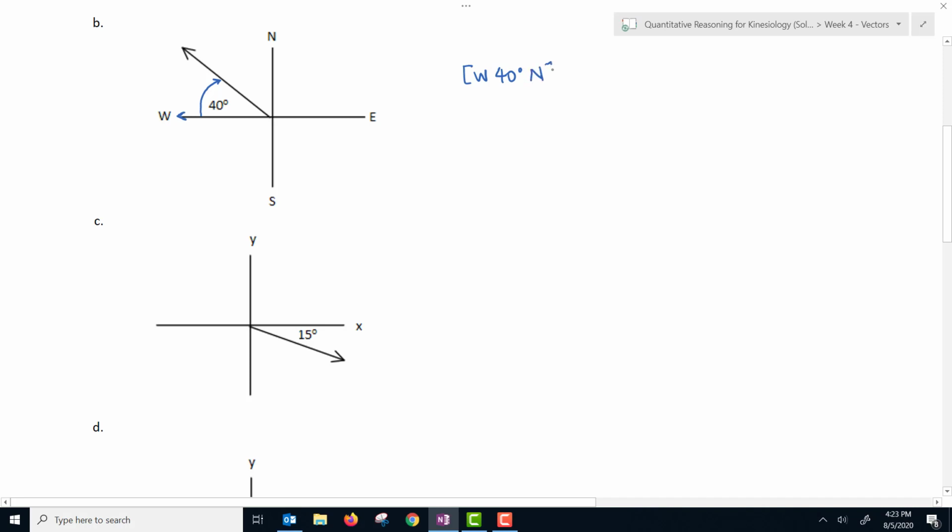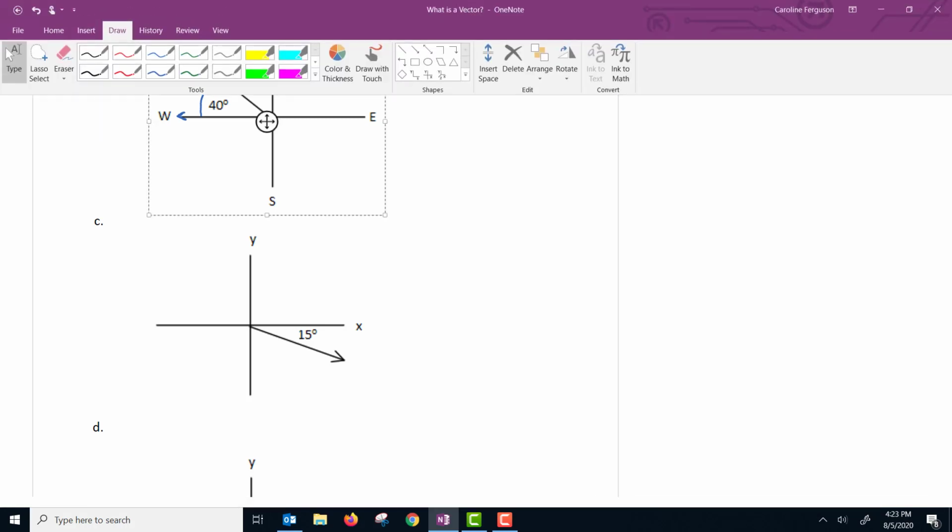So 40 degrees north. Or we could have also said 40 degrees north of west. It means the exact same thing. We're 40 degrees north of the west line. I'm just putting square brackets in here because this is how we'll write it out when we have a magnitude and a direction. Right now we're just looking at the direction.